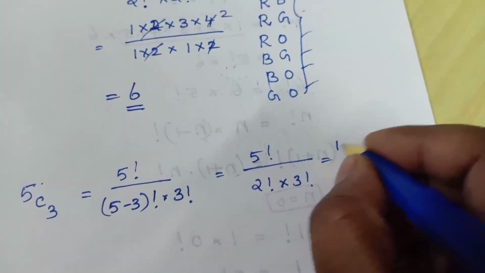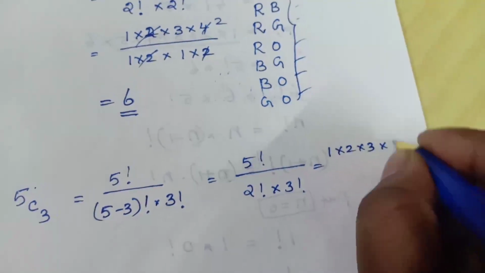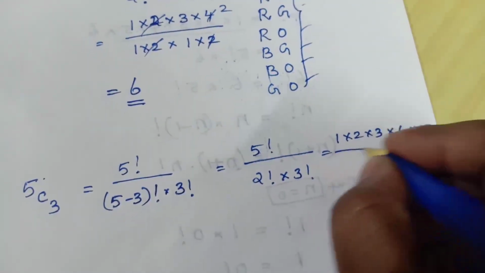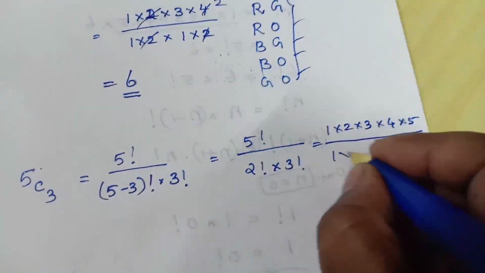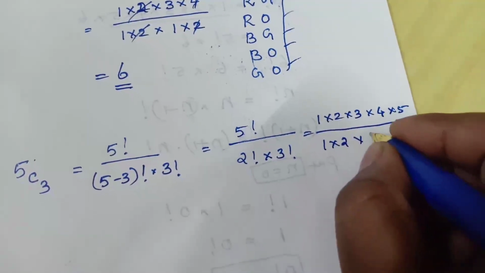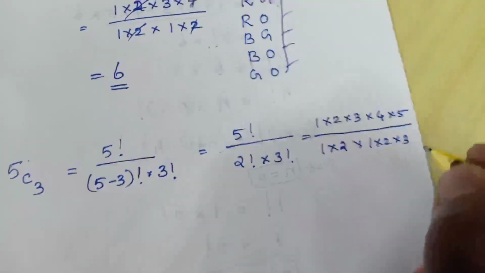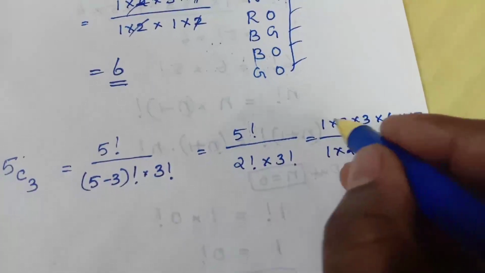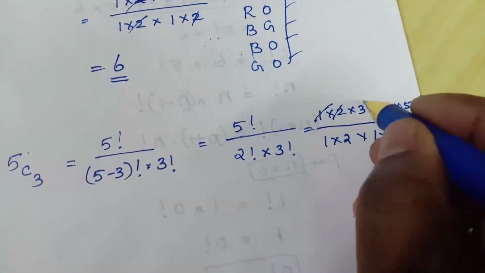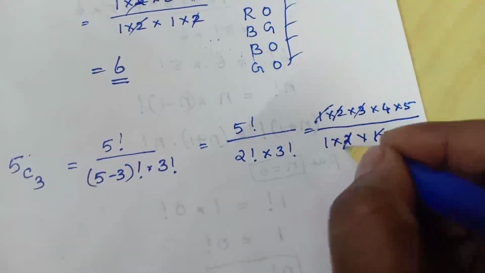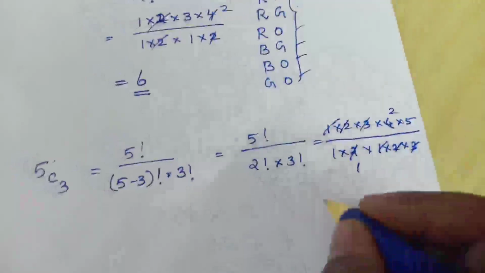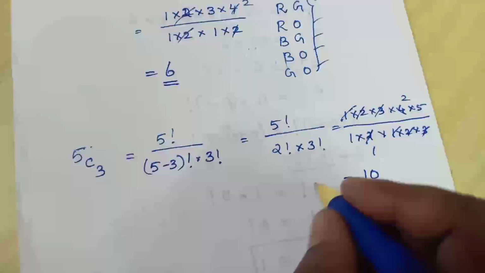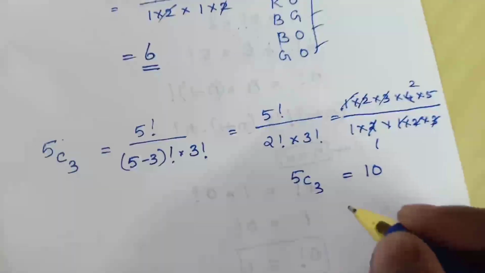That is 1 into 2 into 3 into 4 into 5 divided by 1 into 2, and 1 into 2 into 3. So 1, 2, 3 get cancelled. 1 2 is 2, 2 2s are 4, 2 5s are 10. So the value of 5C3 is 10.